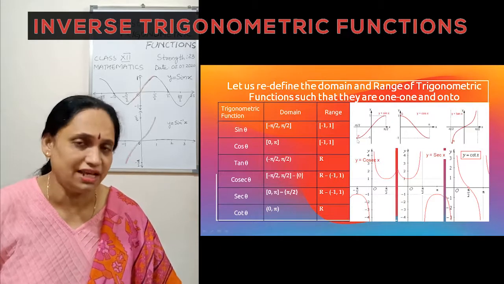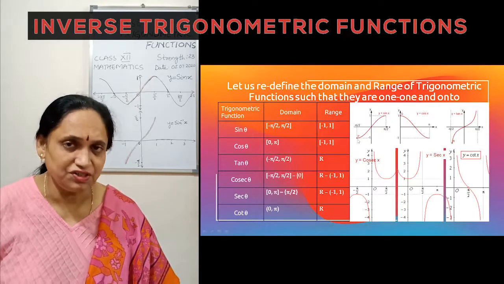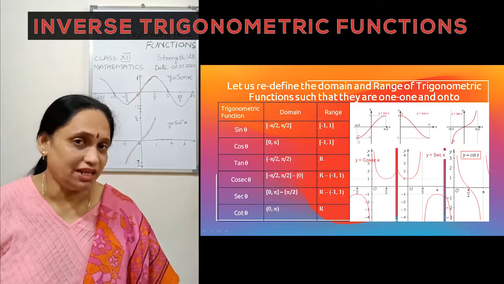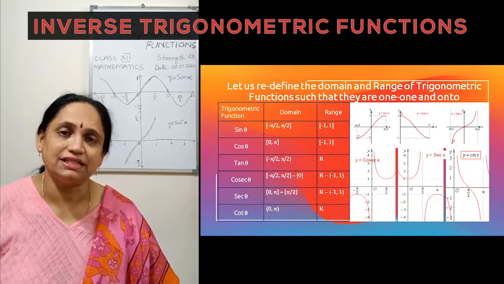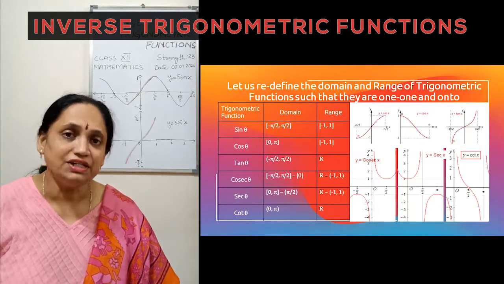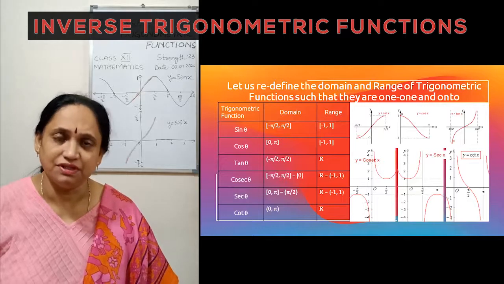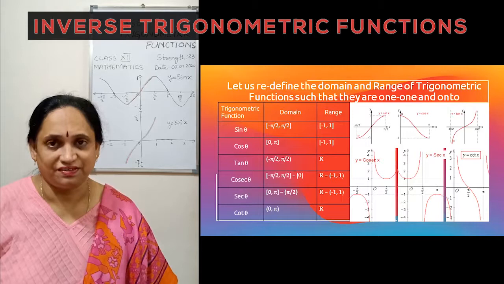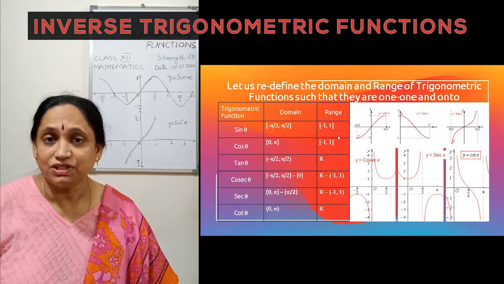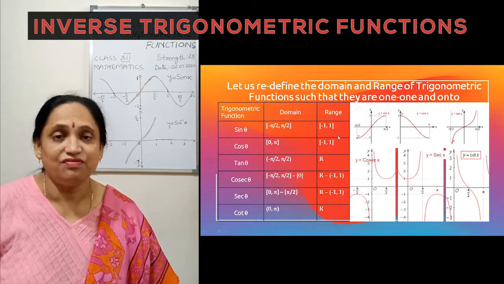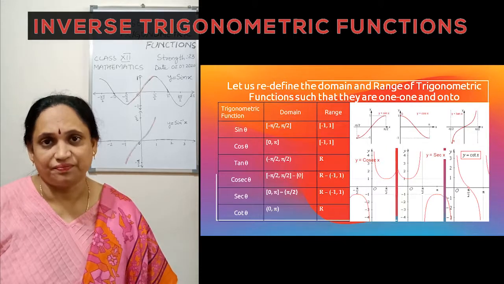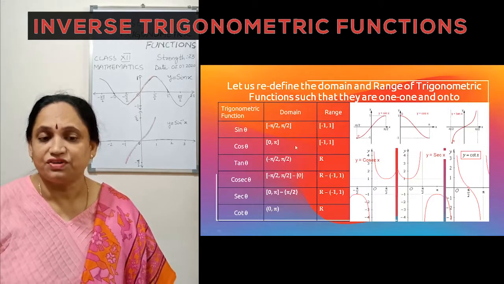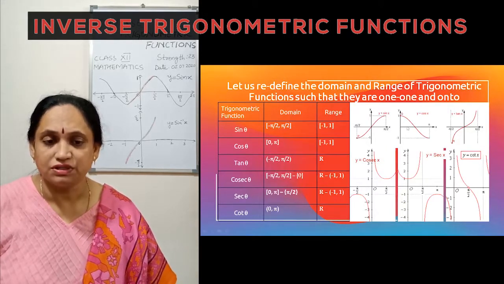So distinct elements will have distinct images, and every element of the second set has a pre-image. The condition that is required to find the inverse of a function is being satisfied. So if we restrict this way, we can definitely find the sine inverse function. Similarly, we can restrict the domain and range of the cos function.